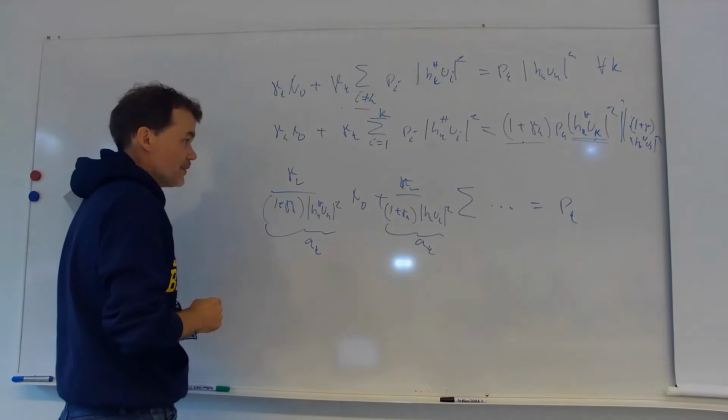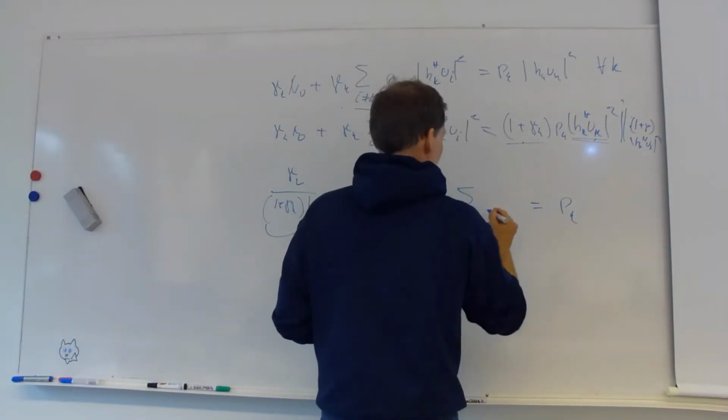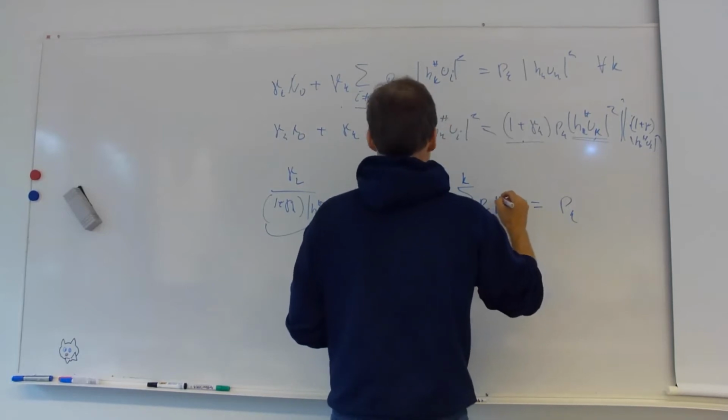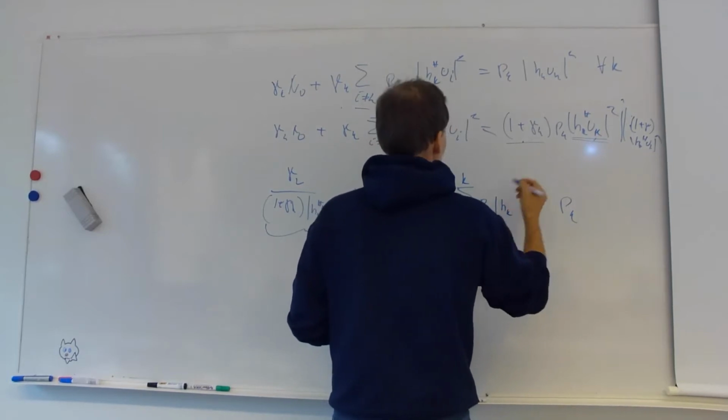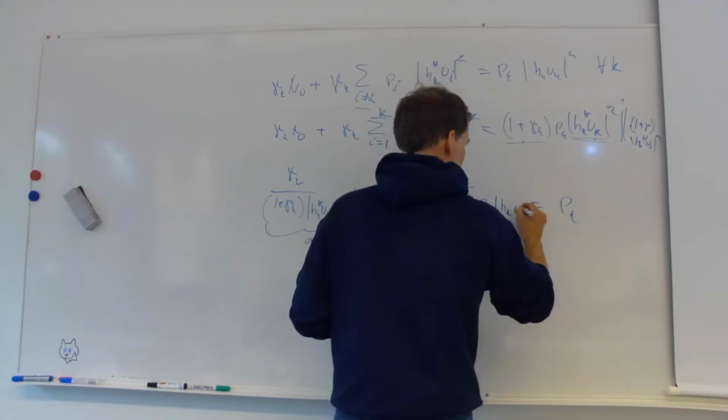So you can see that here we have all these variables p_i times the corresponding coupling values.